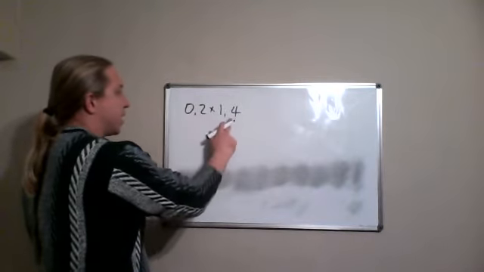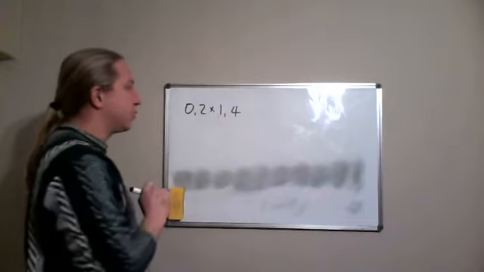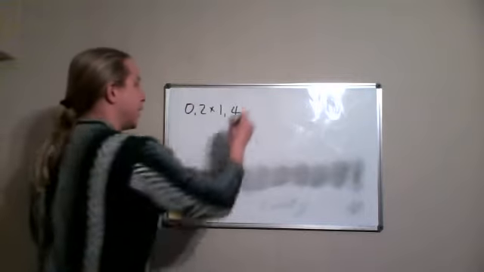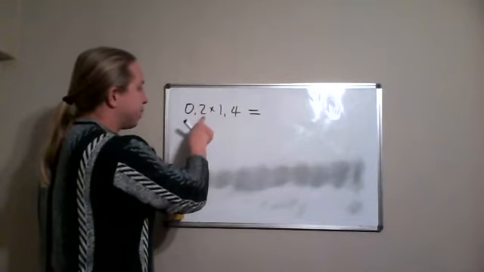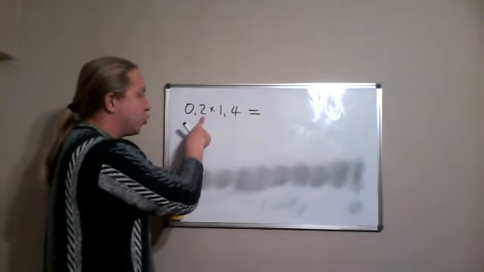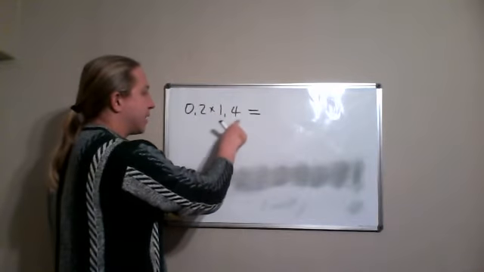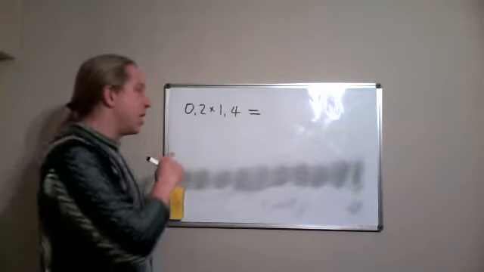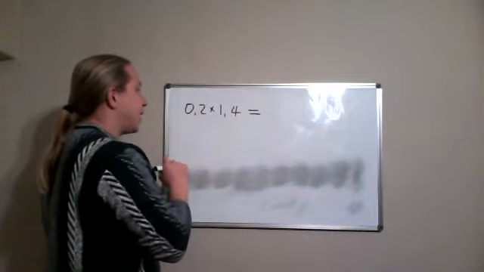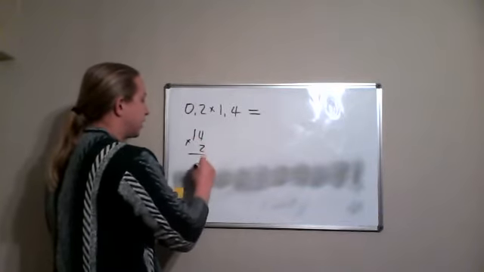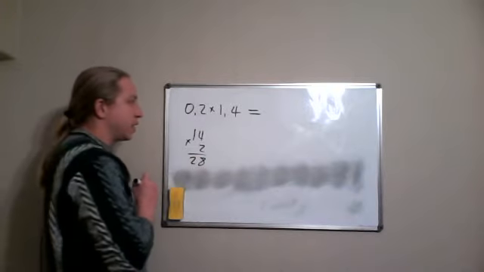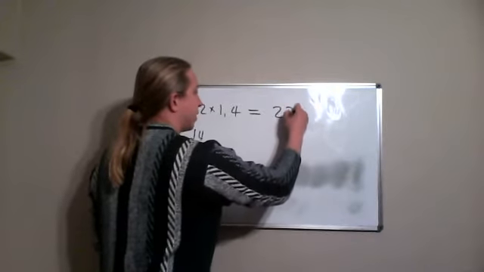Here we have one, here we have another one, so that's two decimal places that we're going to remember for later. Now we drop the zeros and the decimal. The number I have left here is 2. I drop the decimal point, and the number here is 14. So we multiply 14 by 2, and 14 times 2 is 28. We put the 28 there.